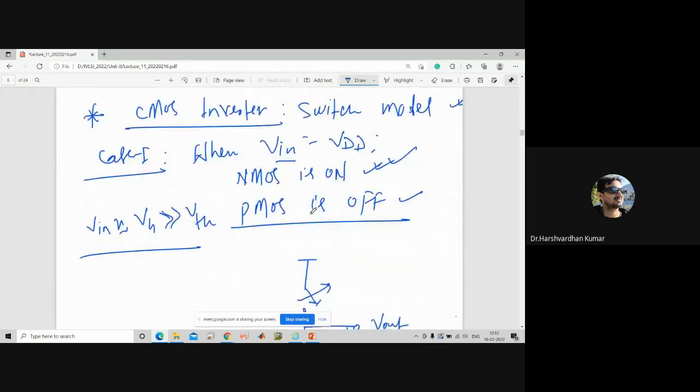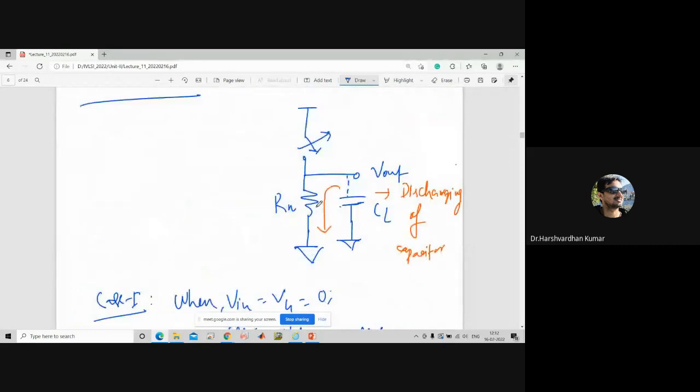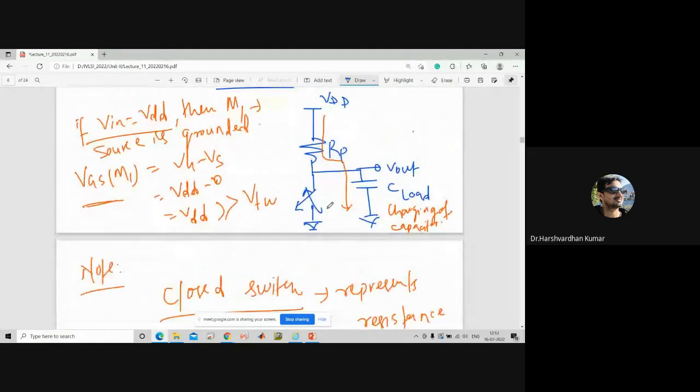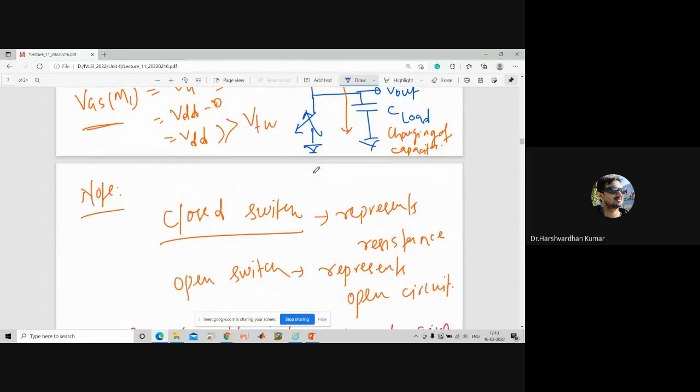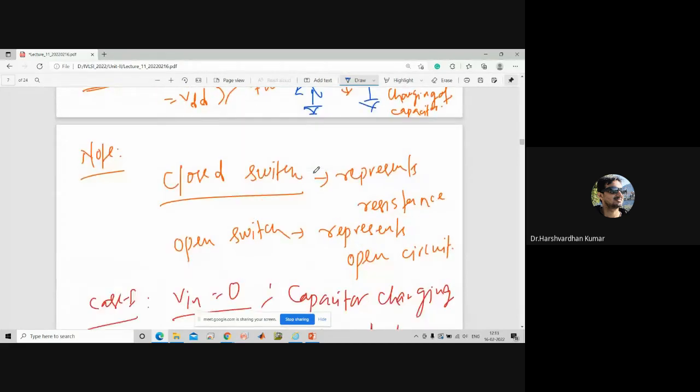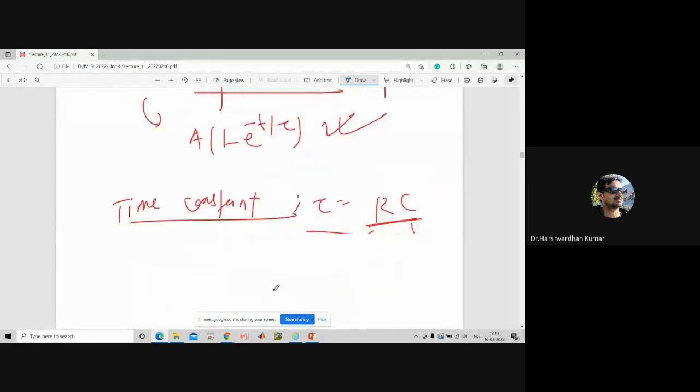If you see the circuit model, the switch model, see here, what is happening in this model? Let us say this is the switch model, right? So what will be the overall current in this case? There will be no direct path available.